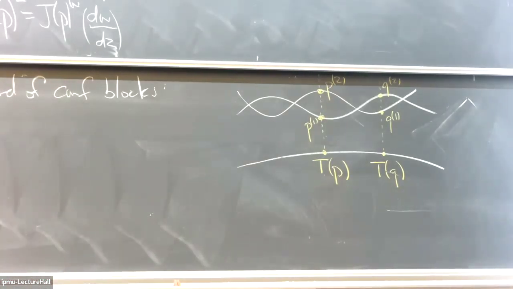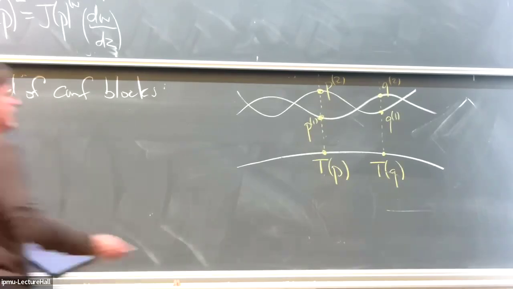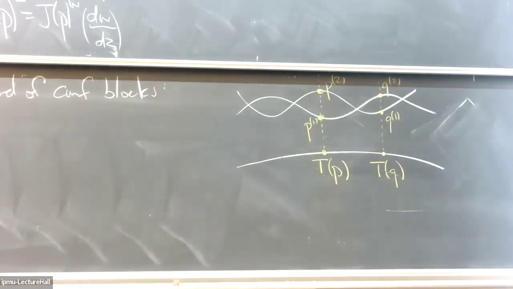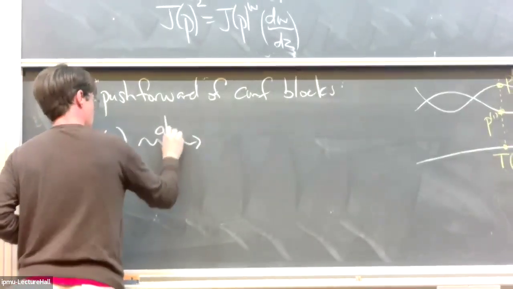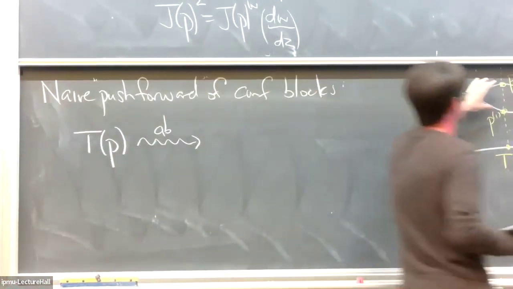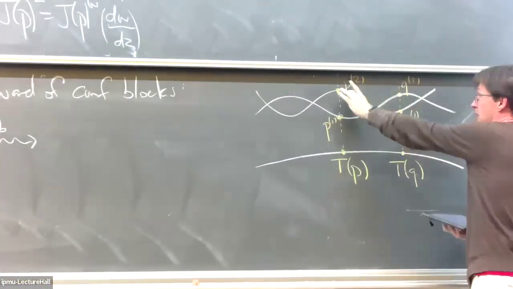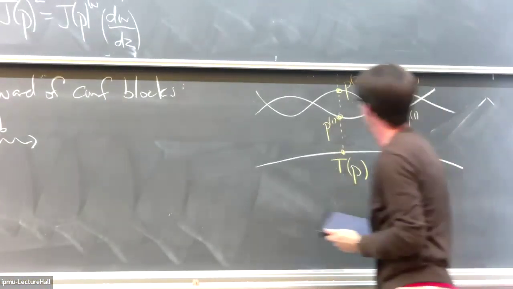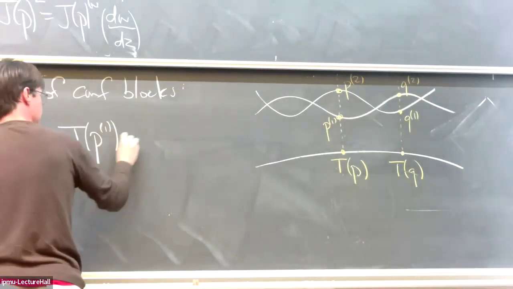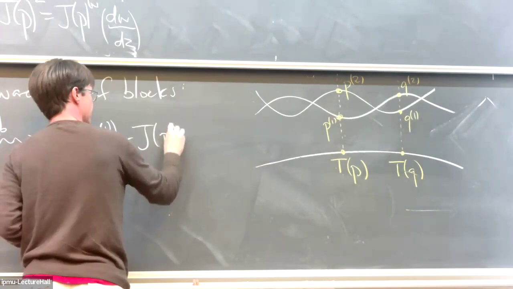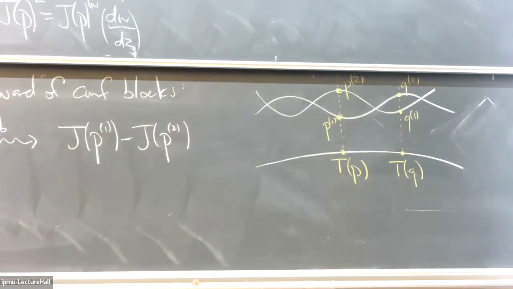I could say, well, every time I see T and P on the base, I'm going to replace it by some combination of things inserted on the cover. And there's a natural guess that's motivated by things that were done before in physics, which is the following.